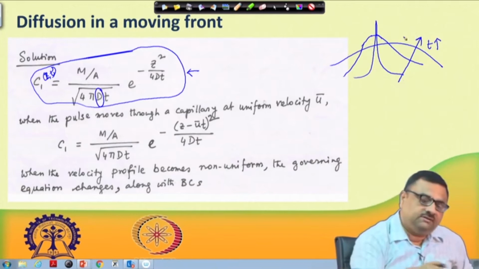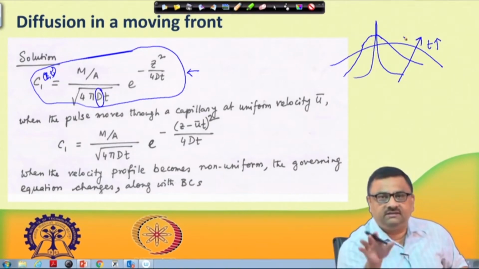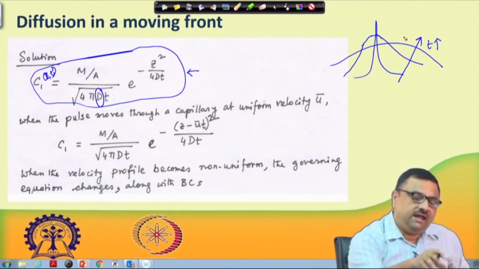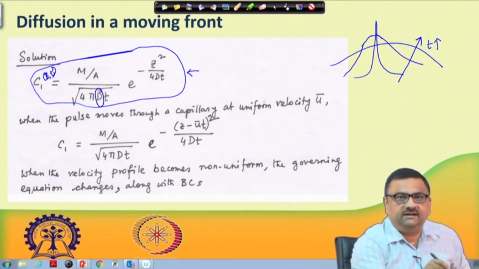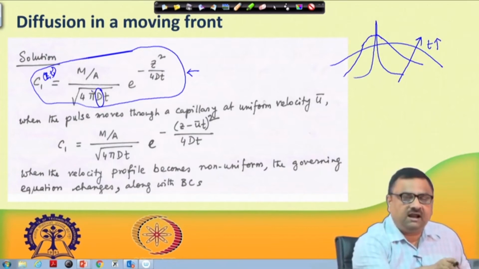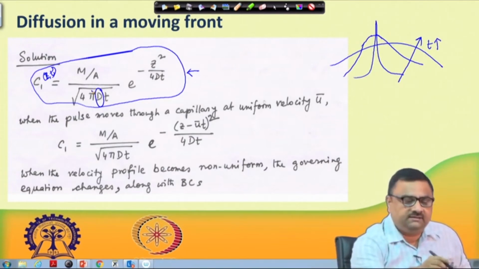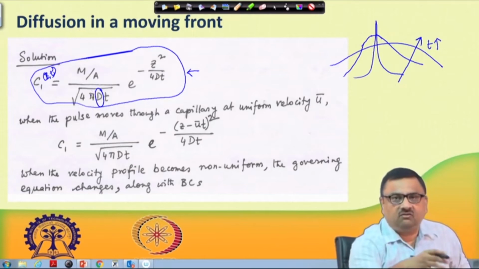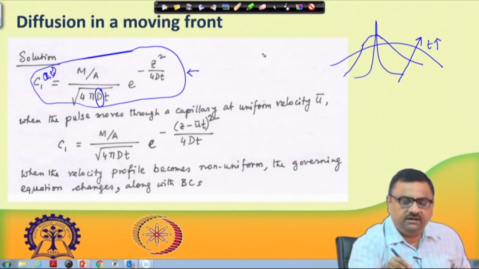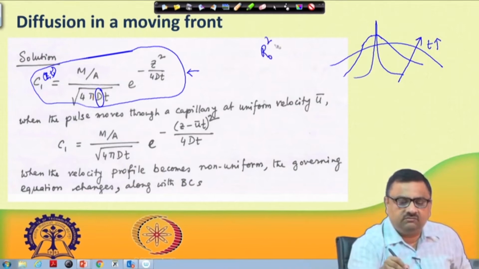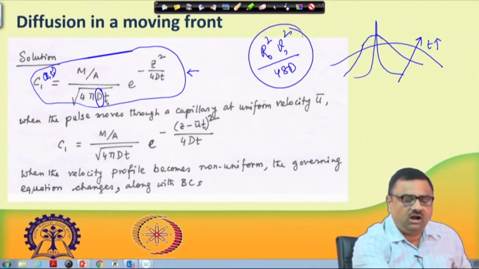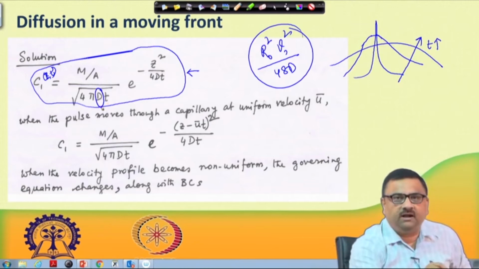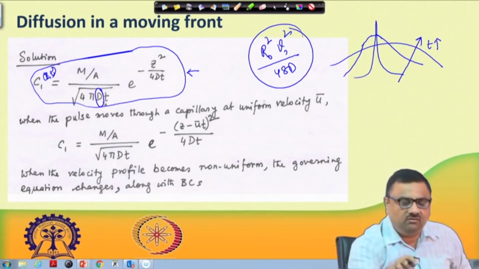Now suppose in Taylor dispersion, with all the equations they have considered, they arrive at a very similar equation, but instead of d, some other lumped parameter. I am giving you an example, say r naught square v naught square by 48, with all other terms remaining the same.